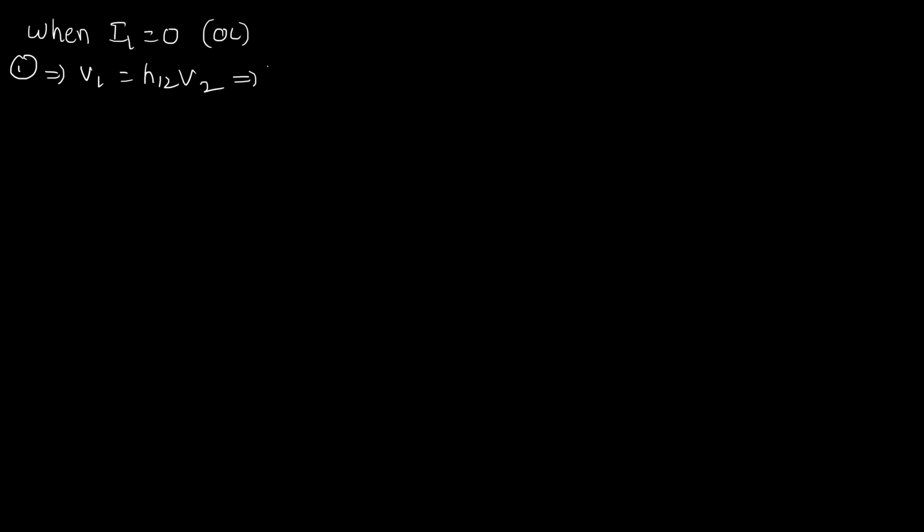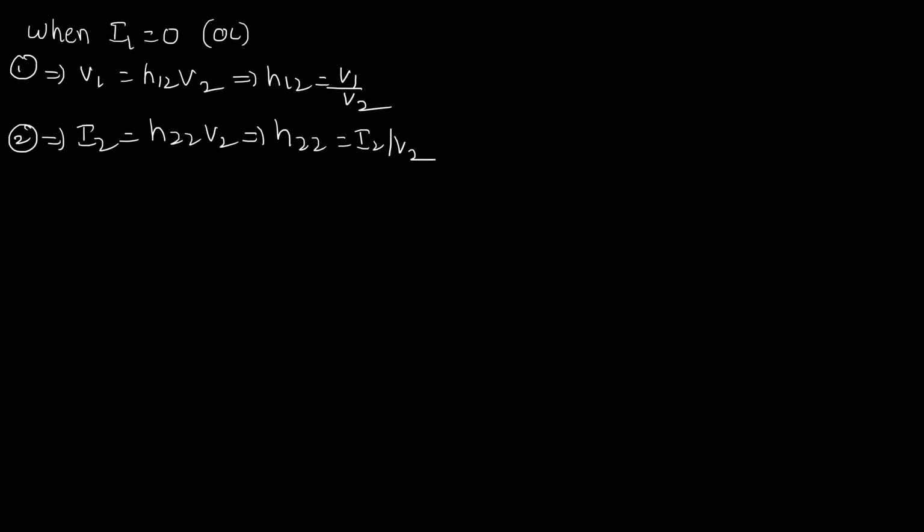So from this, H12 is V1 by V2. Since this is voltage by voltage, no unit. From the second equation, I2 equal to H22 into V2. So H22 equal to I2 by V2. Since this is I by V, unit is mho.